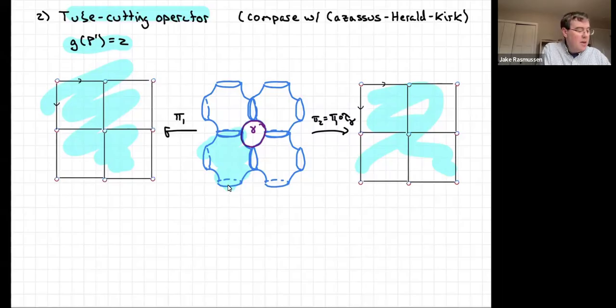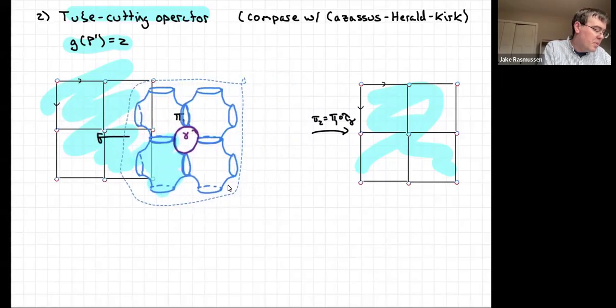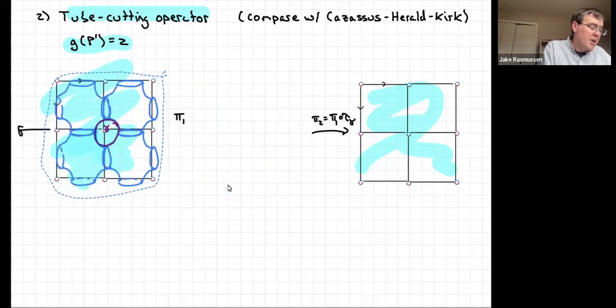The projection in one direction here is just this operator. So I hold it over there and I squash that surface flat.